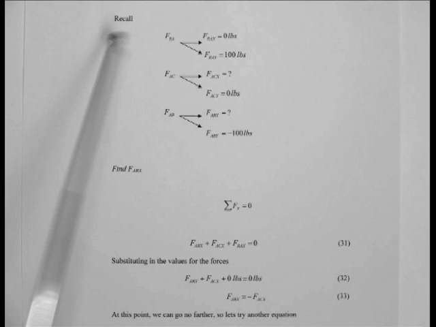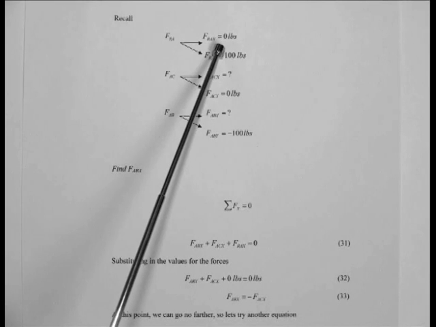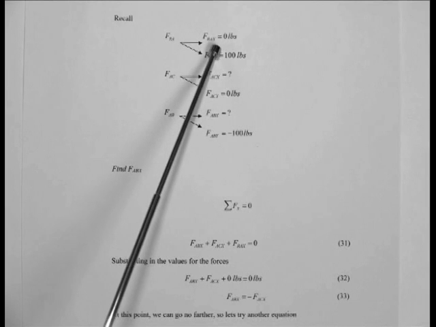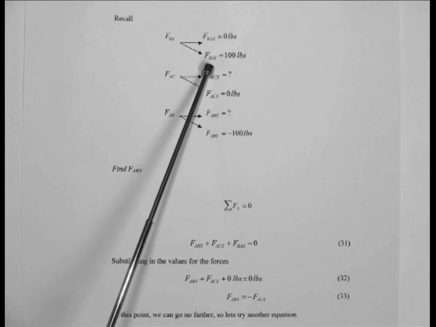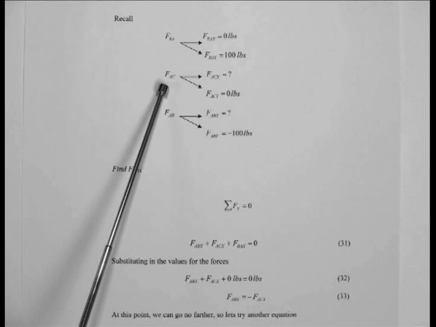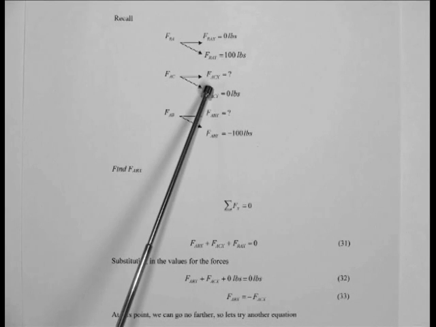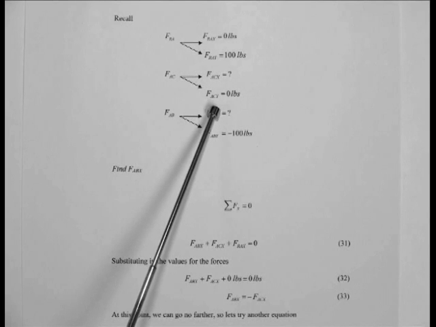If you will recall, the reactive force at point A could be broken down into two components: the force in the x direction of 0 pounds and the force in the y direction of 100 pounds. Similarly, the force along member AC can be broken down into two components: an x component, which remains unknown, and a y component of 0 pounds.